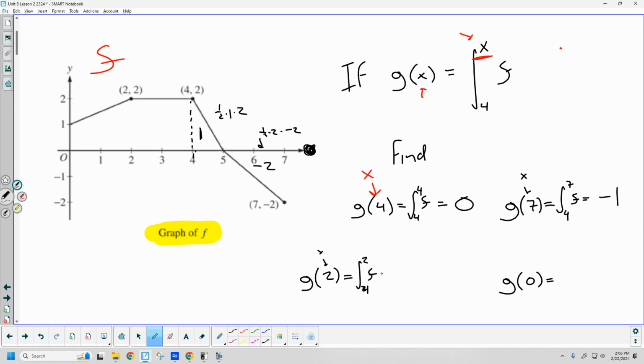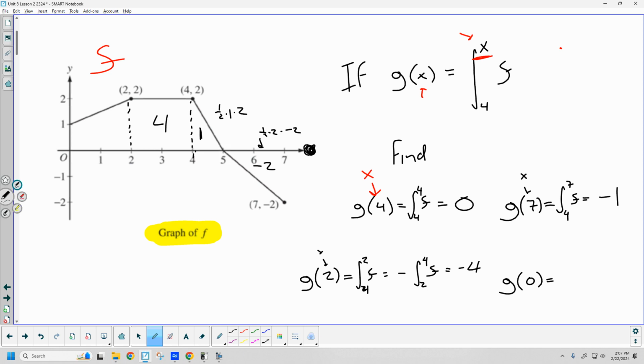Just take the opposite of 2 to 4 of F. What I would do is say 2 to 4, this area above the x-axis, rectangle base 2, height 2, is 4. But if I'm going from 4 to 2, I take the opposite. I subtract that number. I get negative 4. Okay? I do not write this value in here as negative 4.